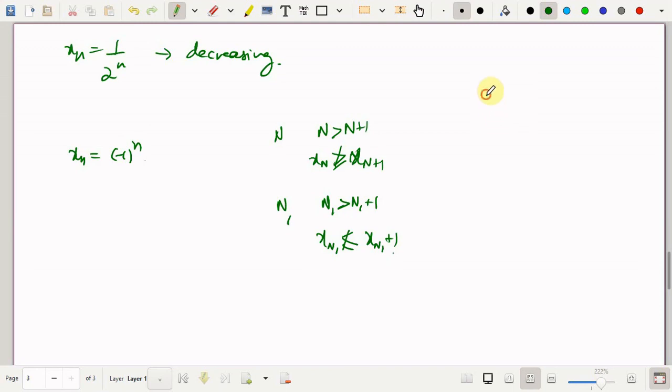If you see the graph of this function, you see that it varies like this. It is not going towards the top, nor is it coming down, and in fact it is simply jumping from one point to another, and that's why this is not a monotone sequence. One can very easily prove this with this idea.